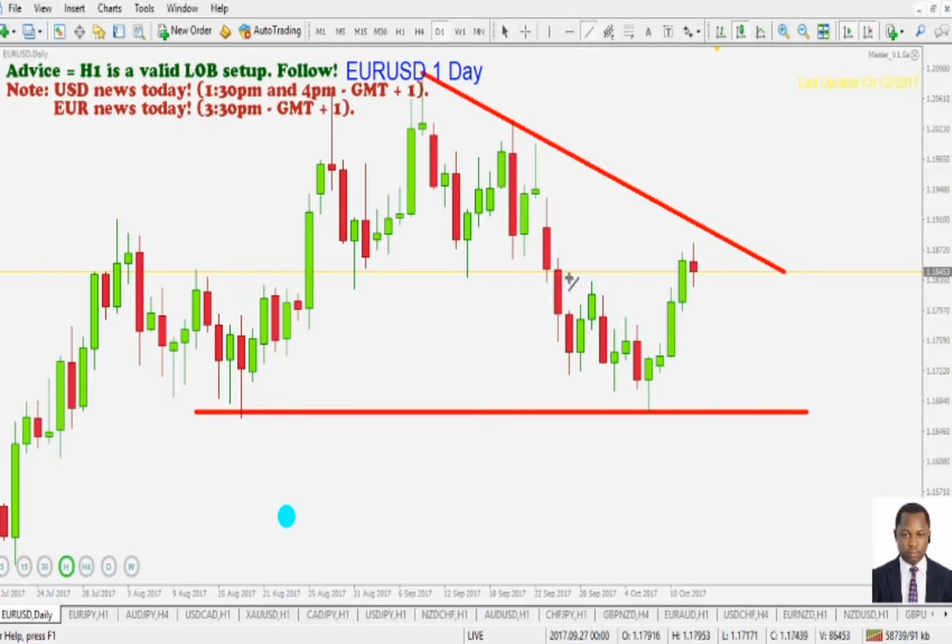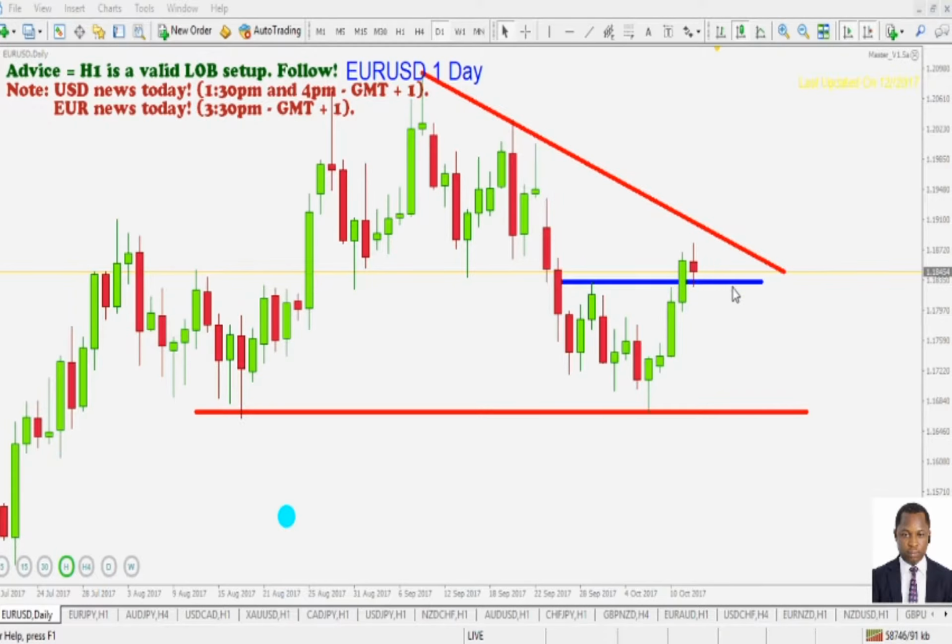If you draw a line around that point, you will see that upon the breakout, price only made a pullback to that level, and it's likely to push up again for tomorrow. I have said the euro against the American dollar is very likely to end the week on a bullish note, so do not sell around in here. Price should be pushing to the upside.